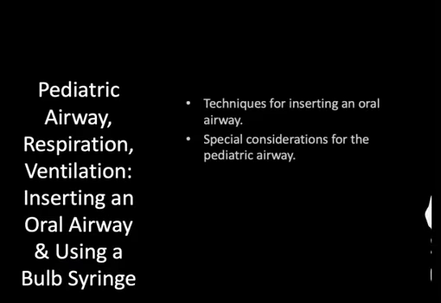Now, as I mentioned earlier, pediatric airways differ from adults in that all structures are smaller and can be more easily obstructed. However, you size the OPA as you would an adult: from the corner of the mouth to the angle of the mandible. What is the proper method for suctioning?